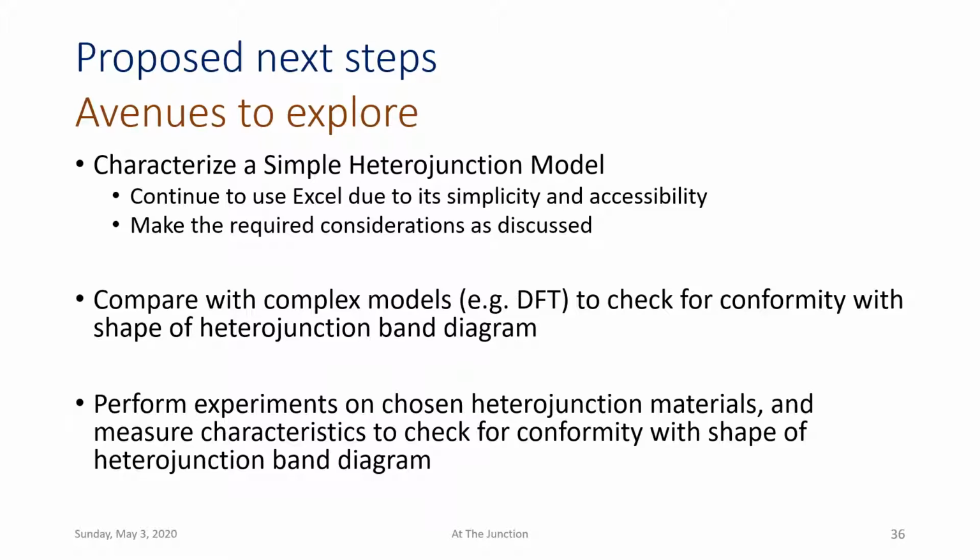Then the idea is to compare the Excel model with other complex models to check for conformity with the shape of the heterojunction band diagram that we get. And further, to perform experiments on the materials that we use to build the heterojunction in practice, and measure such characteristics once again to confirm or to check the conformity with the shape of the heterojunction band diagram that we would get from Excel.